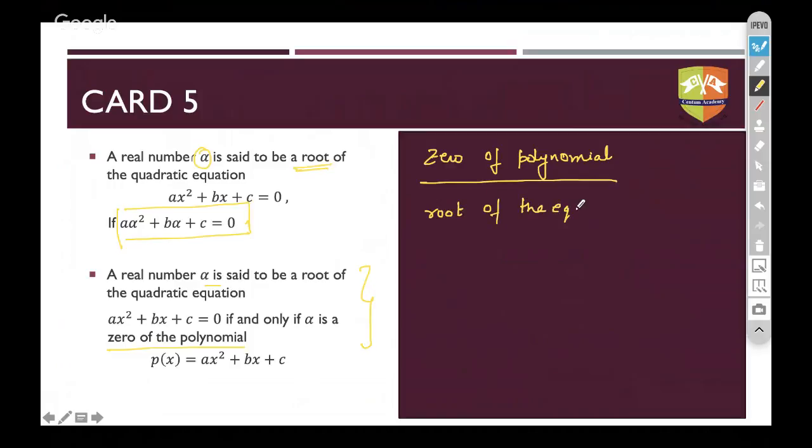Which equation? Let's say the polynomial was p(x), then if you equate that p(x) to 0, that becomes the root. So if alpha is a zero of polynomial p(x), then alpha will be the root of the equation p(x) equals to 0. Okay, so this is about roots and zeros.